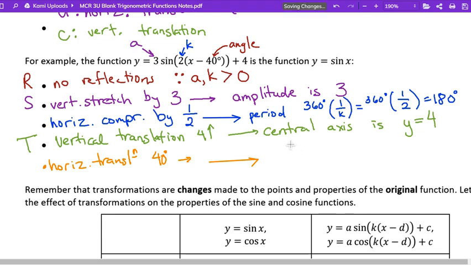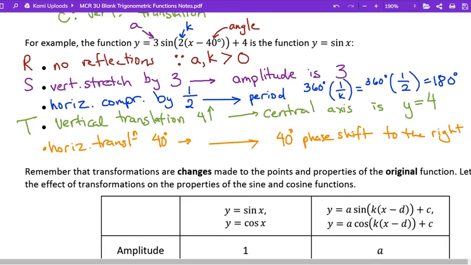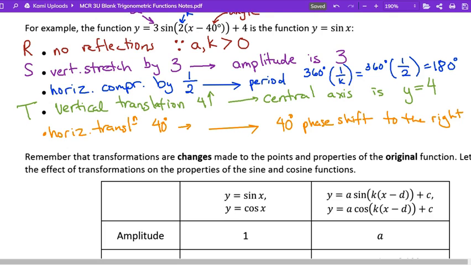And this is how we name it. It's a 40-degree phase shift to the right. Okay, so there can be various phase shifts. This one is a 40-degree phase shift.